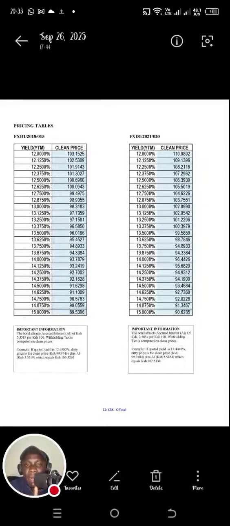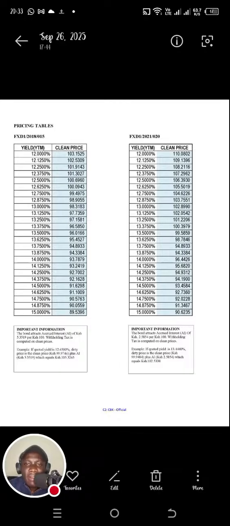So if I'm a non-competitive bidder, I'll tell the Central Bank of Kenya, any yield that is determined, I am fine with it. But a competitive bidder has an opportunity to say, I want to invest my 3 million, but I'm demanding a yield of 13.5%.